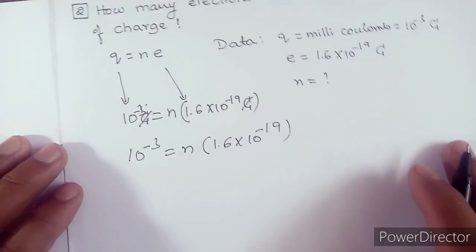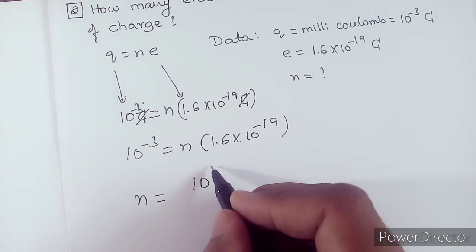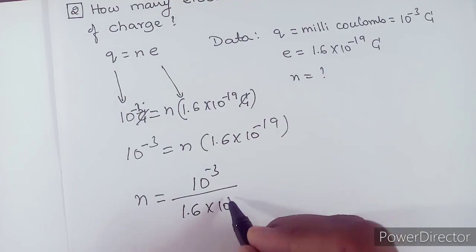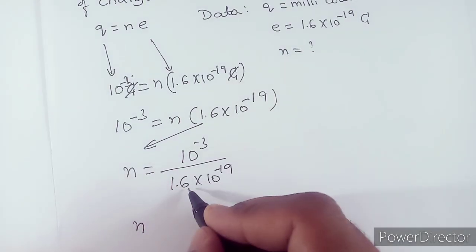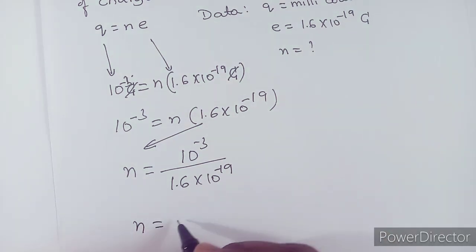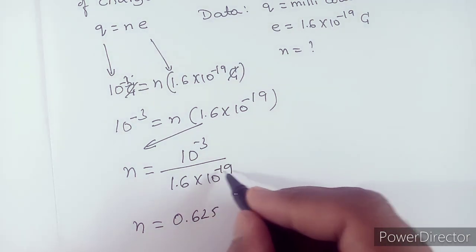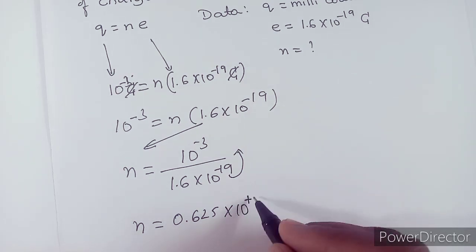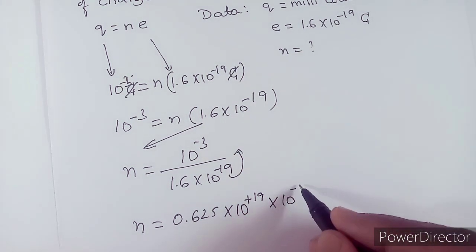Then we can solve this easily. N, if you want to calculate, you will get 10 to the power minus 3 divided by 1.6 into 10 to the power minus 19. We know 1 divided by 1.6 is 0.625, and if the denominator 10 to the power minus 19 comes to the numerator, it gets a positive sign, that is plus 19, into 10 to the power minus 3.